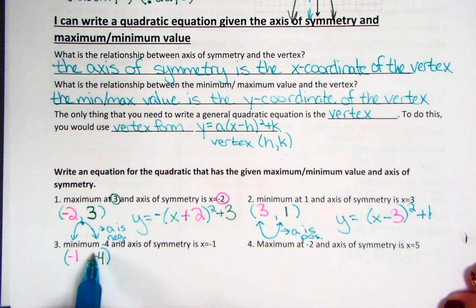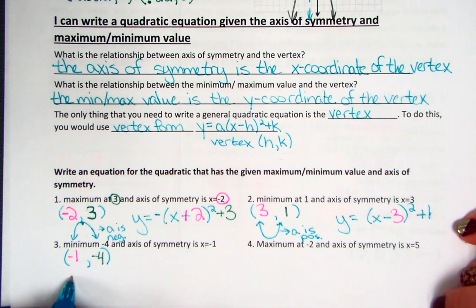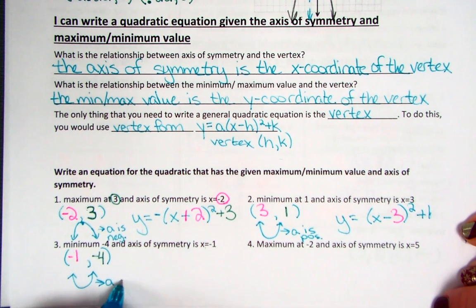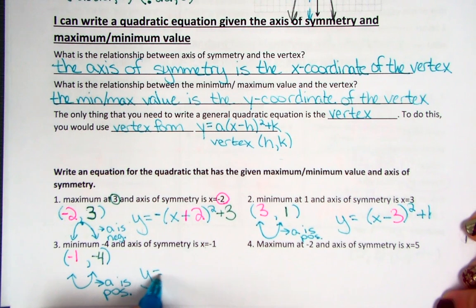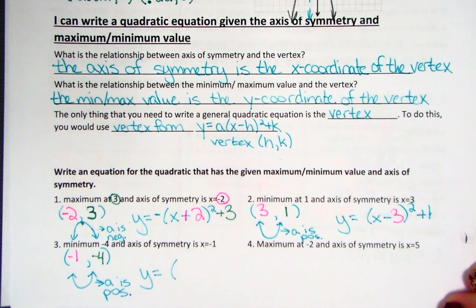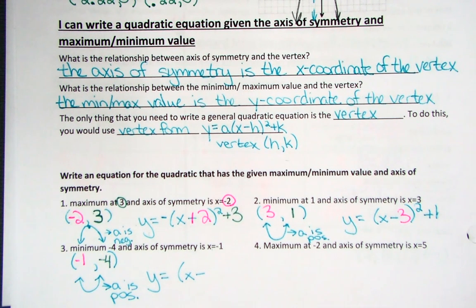It did say minimum, which means that it will open up, which means that a is going to be positive. So our equation would be y equals, just a positive value in front, x minus our x-coordinate.